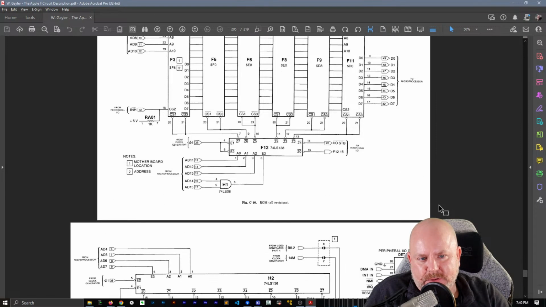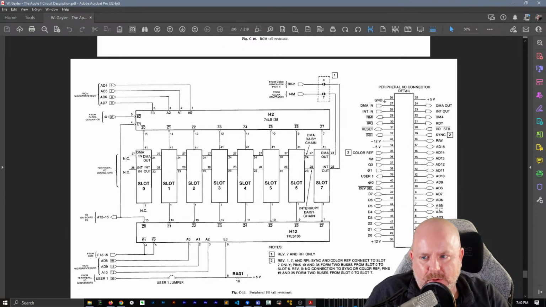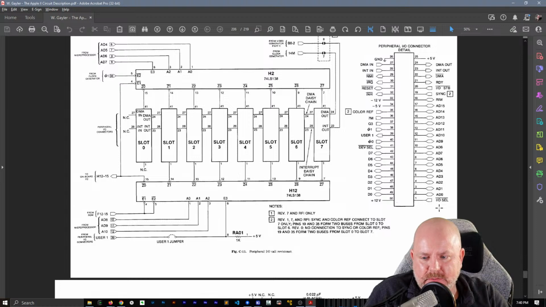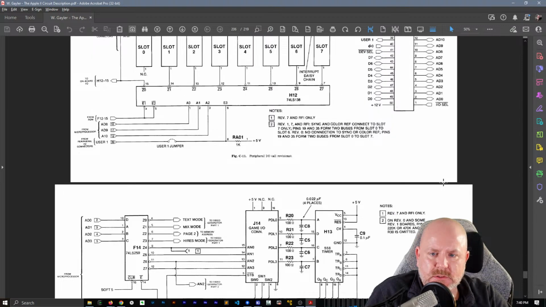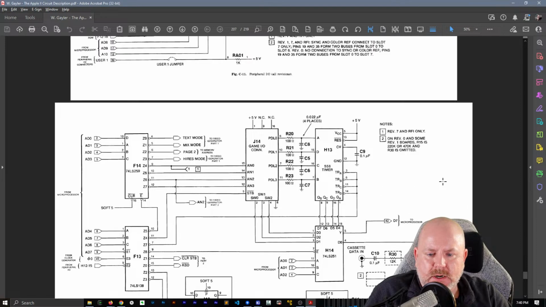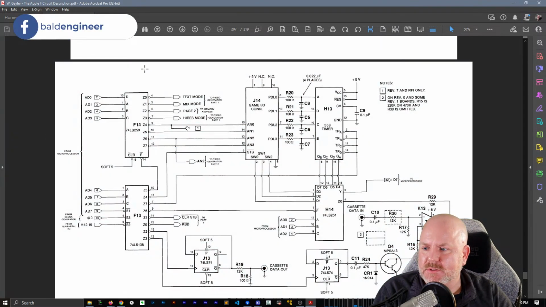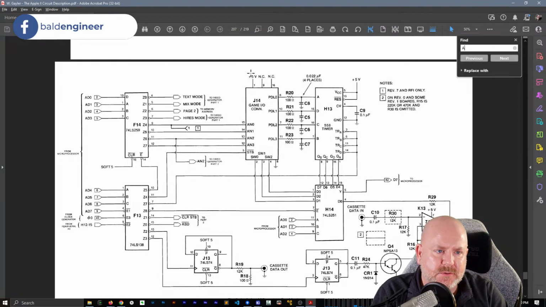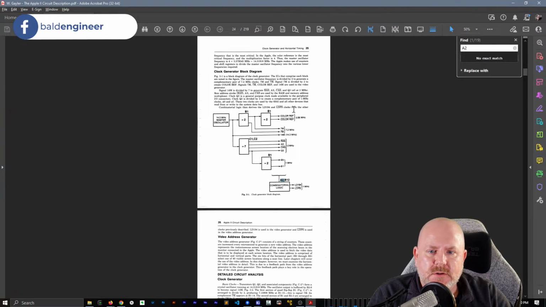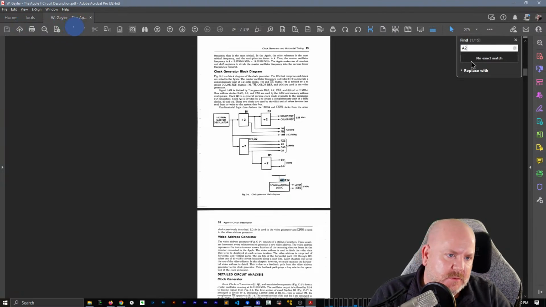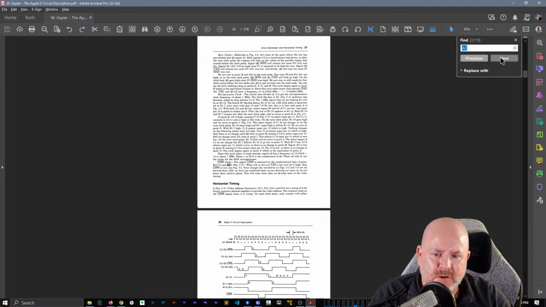This is really frustrating because I don't know what this is for. So why is it in this schematic? All right, I'm just going to try searching. We're on page 207. I'm going to do a Control F. If I do an A2, where does that take me? Oh my God. I can't find it at all.